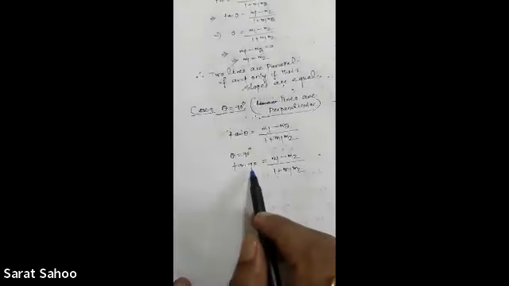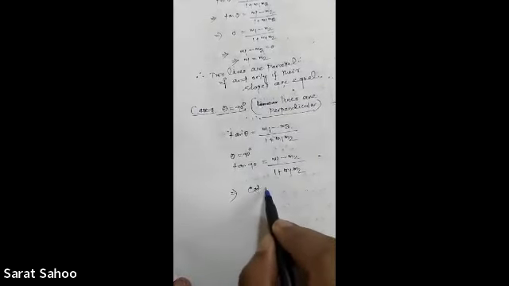You know the value of tan 90 doesn't exist. So you have to take cot 90. The value of cot 90 is 0.